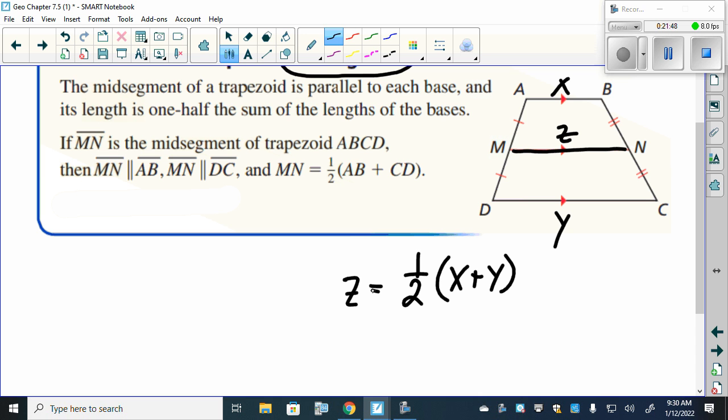The length of the mid-segment is equal to half the length of the other two bases. And it works out that way every single time. Whenever we have the mid-segment, it is bisecting the two legs. It's cutting the two legs in half, which is kind of neat.